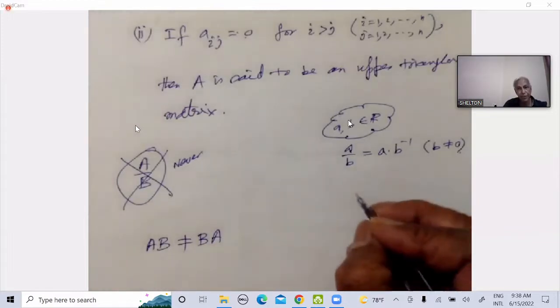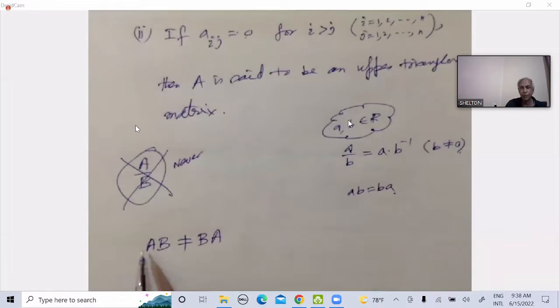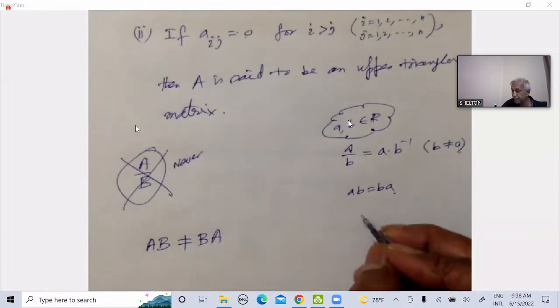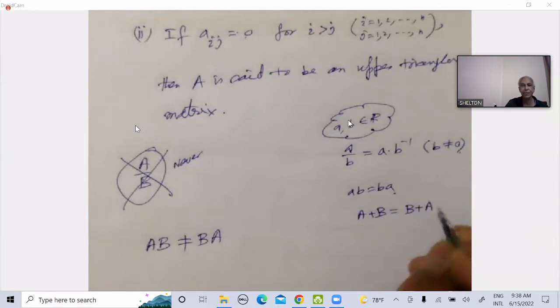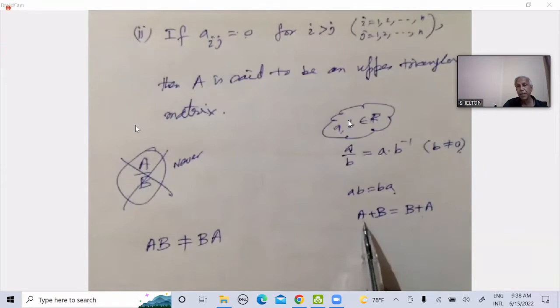But we can talk about A plus B is equal to B plus A when the compatibility conditions are satisfied. That is, the commutative property holds for matrix addition, but not for matrix multiplication. So they differ from real numbers when it comes to the commutative property.